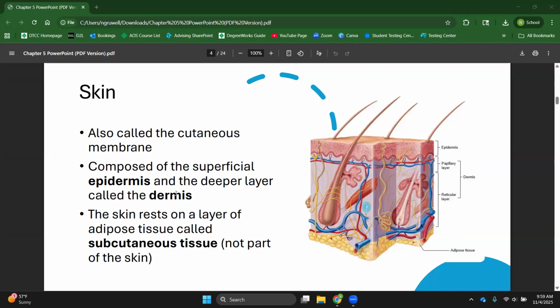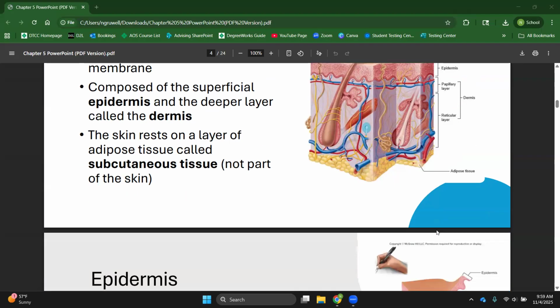So our top two layers, our epidermis and dermis, are considered the cutaneous membrane. We oftentimes depict this adipose subcutaneous tissue with this, but it's not actually part of our skin. Once we go deeper than the dermis, we're below the skin.